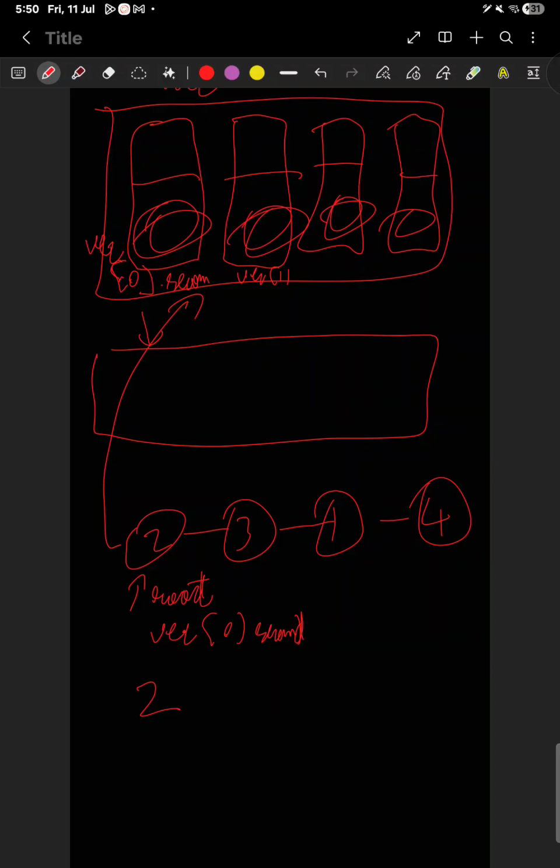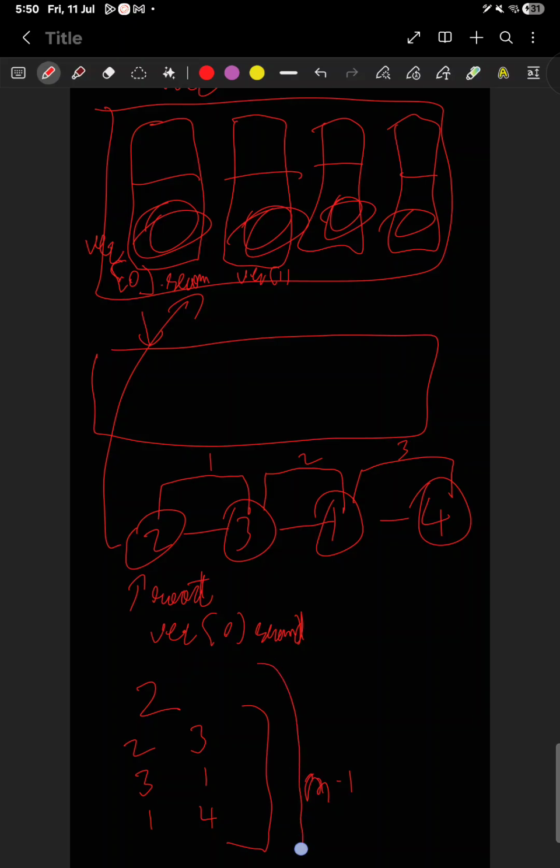Then in the next n-1 lines, you have to print the edges of this tree. So the first edge is 2 to 3, the second edge is 3 to 1, the third edge is 1 to 4. So this would be our answer.